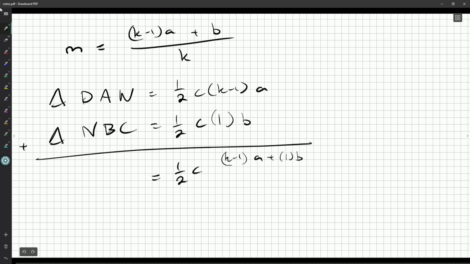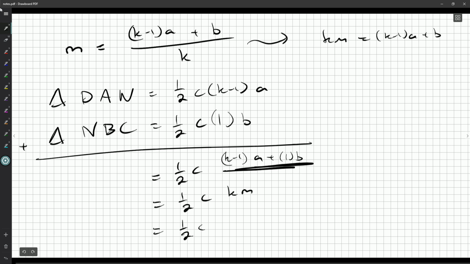Which is great, because we could rearrange this and say Km is K minus 1 A plus 1 B. So that's the same as 1/2 C times Km. This whole thing here is Km. And then CK is just DC. So now we've got triangle DMC.